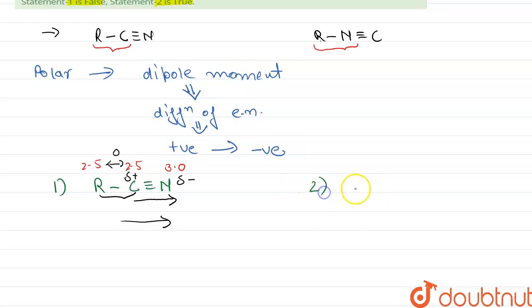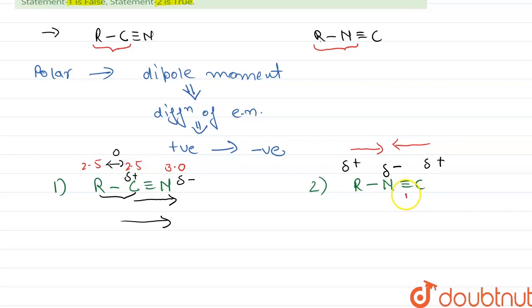In isocyanide group, there is R, nitrogen, triple bond, C, and we know that nitrogen is more electronegative than carbon, so this will get partial negative charge, this will get partial positive charge, and this will also get partial positive charge. So here the direction of dipole will be from positive part to negative part, and from positive part to negative part.